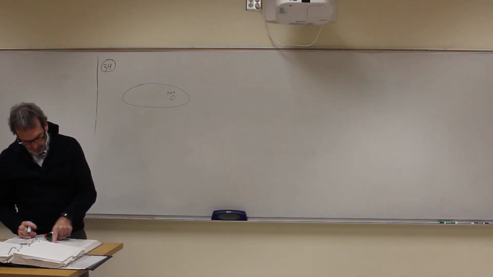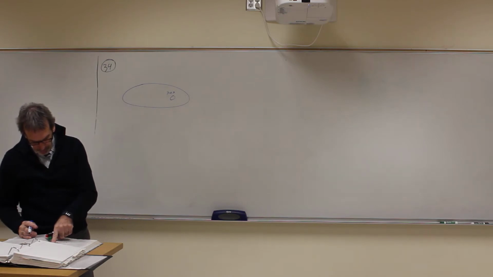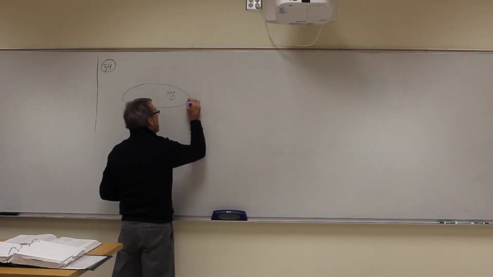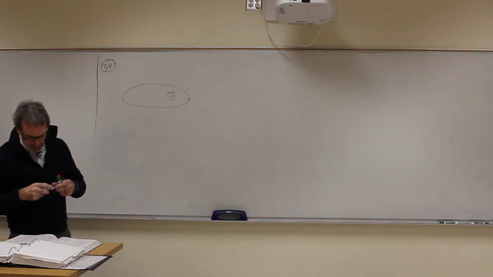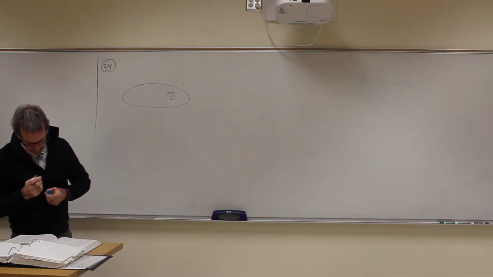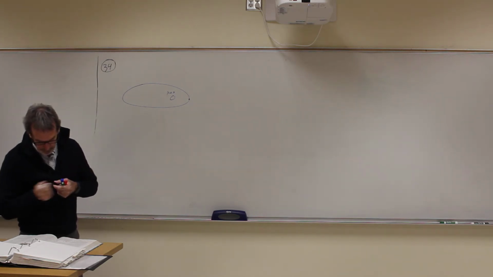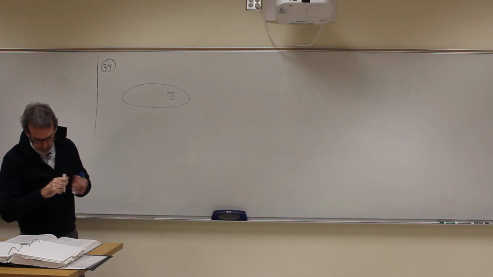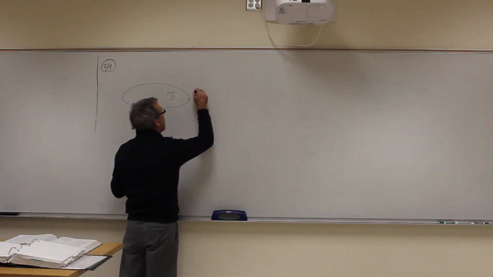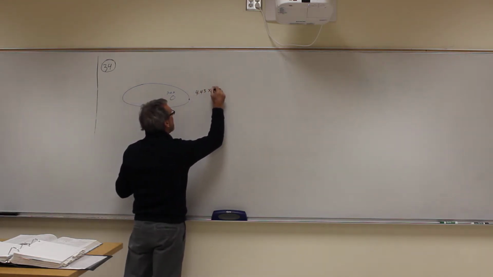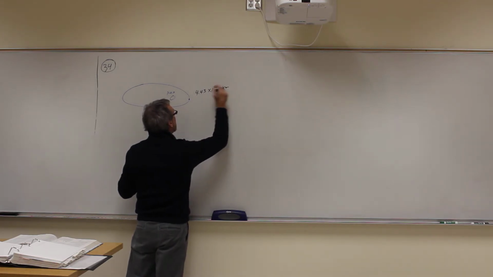And when it's at its closest approach, which is the perihelion point right here, it gives me that its radius at perihelion is 4.43 times 10 to the 9th kilometers.